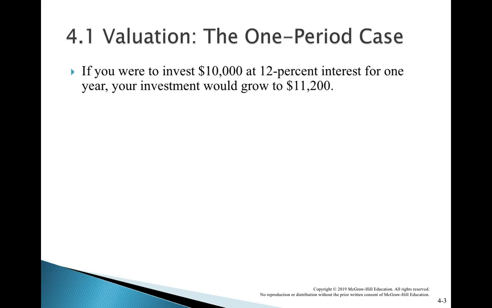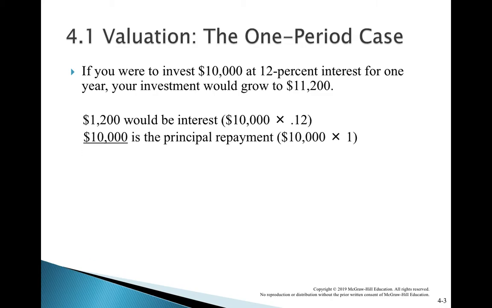If you were to invest 10,000 at 12% interest for 1 year, your investment would grow to 11,200. How? 1200 would be the interest for 10,000 at 12%, isn't it? 10,000 multiplied by 12% is equal to 1200. 1200 plus 10,000 will be the future value, that will be equal to 11,200.